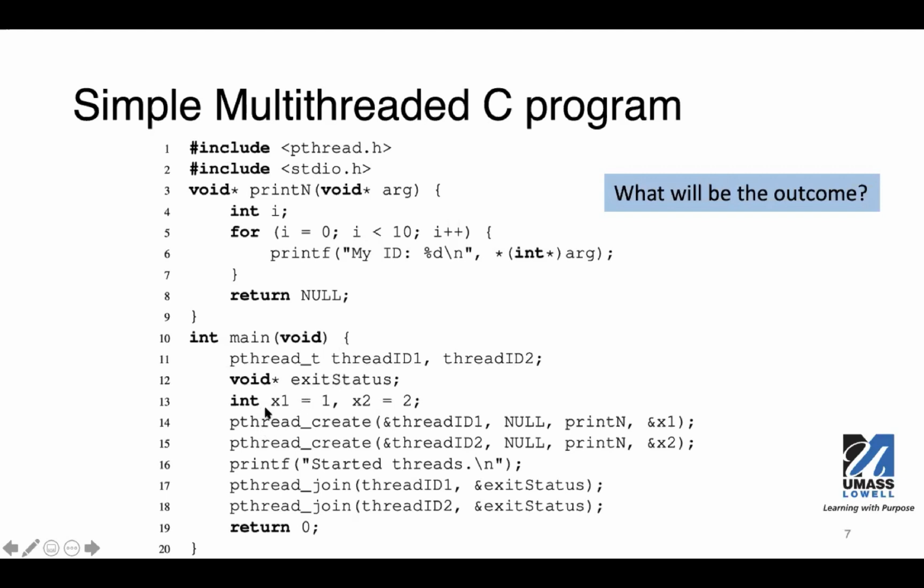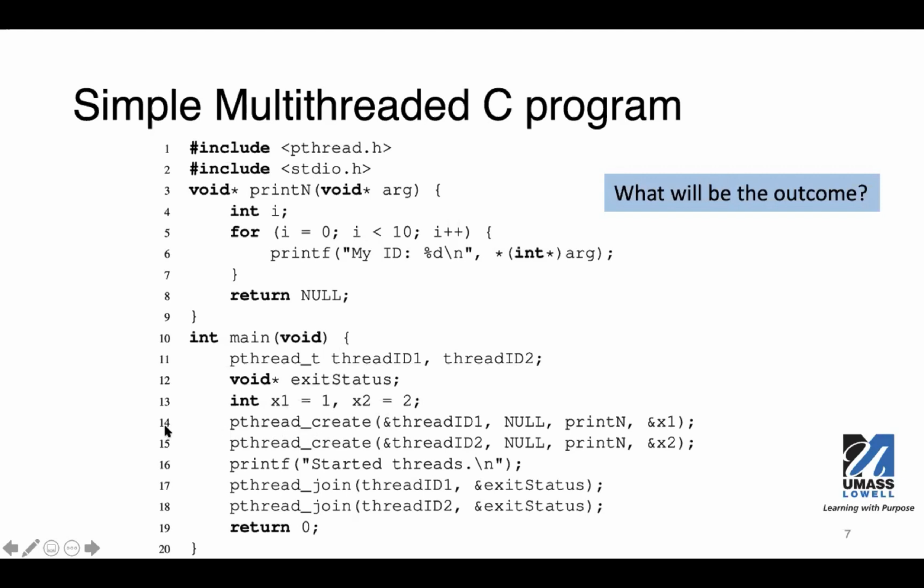We also have two integers, x1 and x2. x1 is initialized as 1, and x2 is initialized as 2. Then from line 14 to line 18, we have a few pthread API calls.